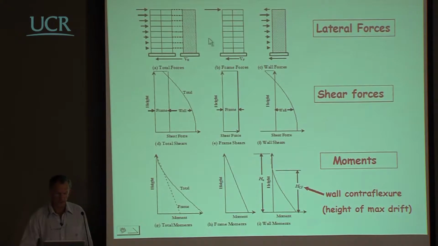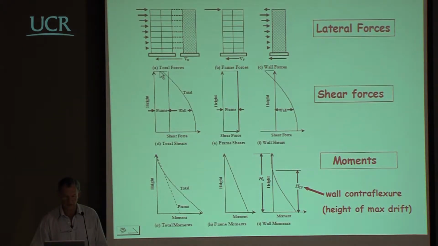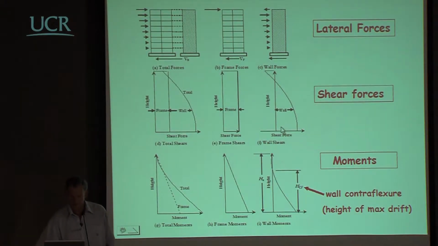And that's shown here. Again, this is just the previous slide. Here we have the total shears. Here's the total shear force, given by this line down here. We allocate this much shear to the frame, and hence the difference between that and the total shear, which is this bit here, is what's carried by the wall itself.